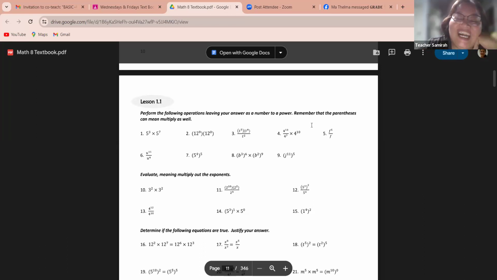Are you sure? Okay, try again. The answer is 125. 5 times 5 is 25, times 5 is 125, because the answer is actually 5 with the power of 3. If I evaluate 5 with the power of 3, it will become 125.